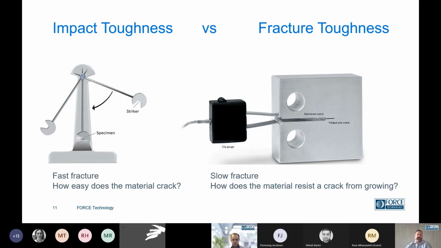And we do some analysis after the specimen has fractured, and very simply that gives us a basic description of fracture toughness. So of course impact toughness on the left is just put the specimen in there, release the striker very quickly, it fractures the specimen. That gives us the impact toughness. Whereas for fracture toughness, we need to look at what's happening more closely at the crack tip.